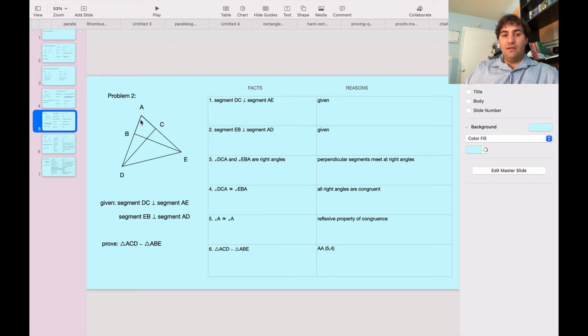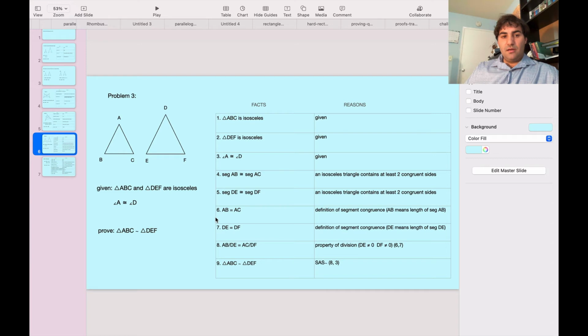So we have this angle A, which is going to be the same for both of these triangles. And we know that by the right angles that the other angles are going to be congruent, the other two angles we need. So we know that triangle ACD is similar to triangle ABE, which is what we wanted to prove.